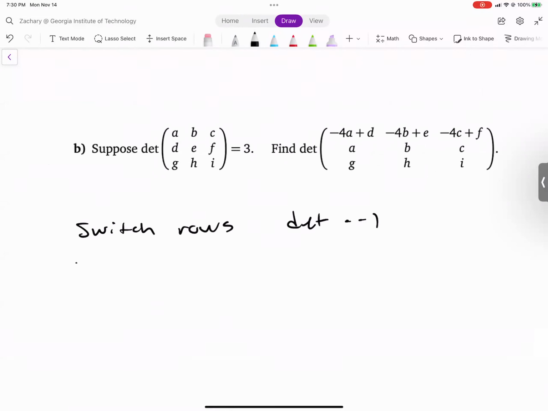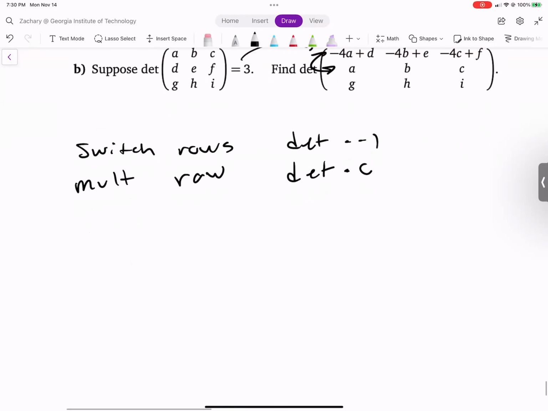If you multiply a row, you multiply the determinant by that number, okay? So going from here to here, it looks like we switch the first two rows, because we get A, B, C, and we get D, E, F up there, right? And one other thing is combine rows. Does nothing.